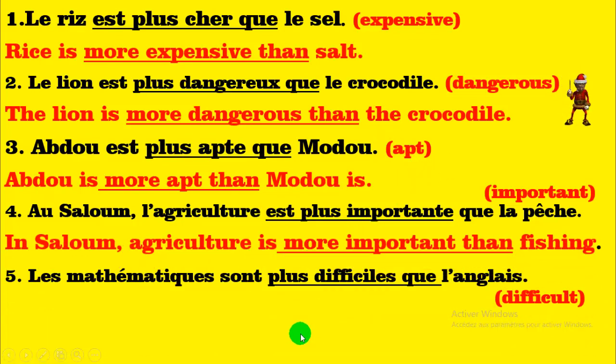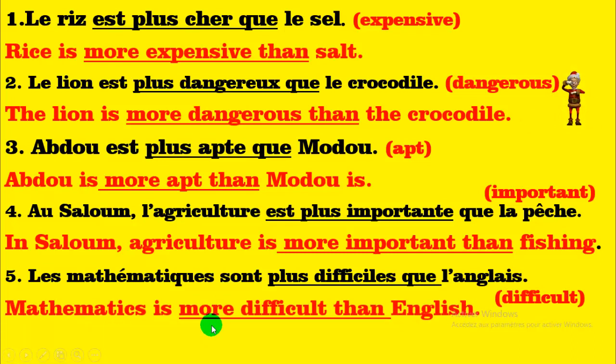In Saloum, agriculture is more important than fishing. Les mathématiques sont plus difficiles que l'anglais. Mathematics is, il y a ici un S, mais c'est la science, les mathématiques, on met le singulier en anglais. Mathematics is more difficult than English.